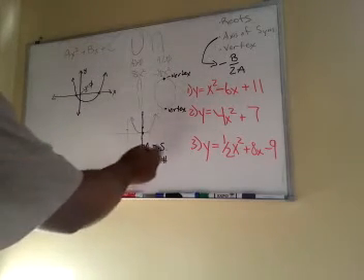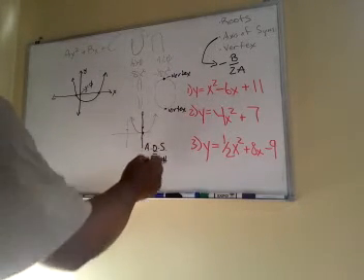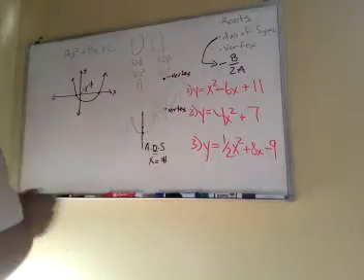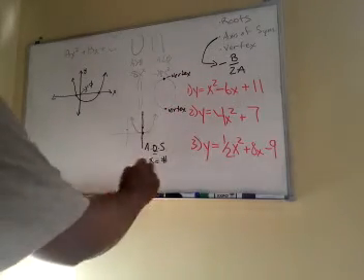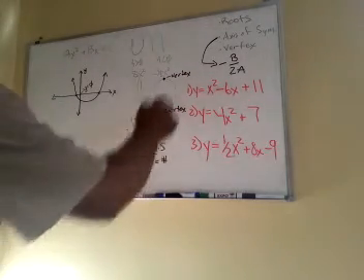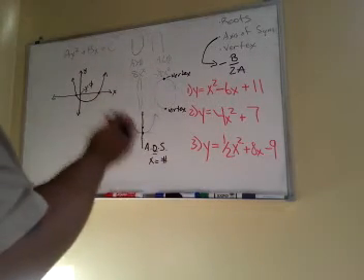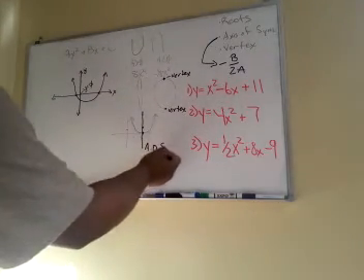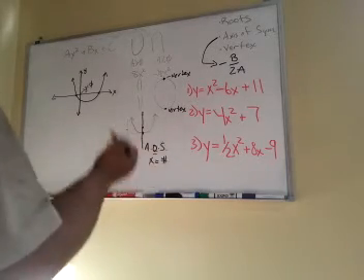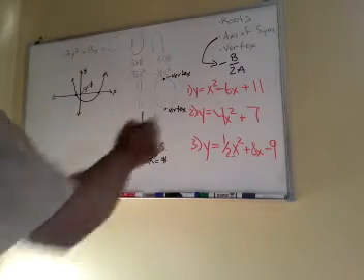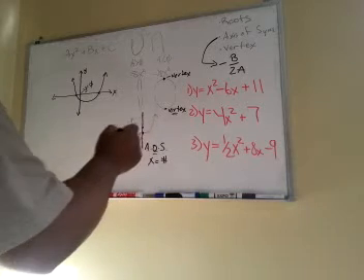And once you have what that number is, you plug that number into the original equation, and you'll get a y value. That xy pair, the x that you get for the axis of symmetry and the y value, those combine to give you the vertex.